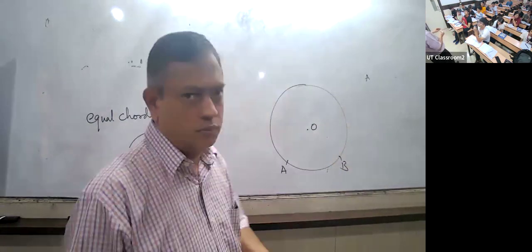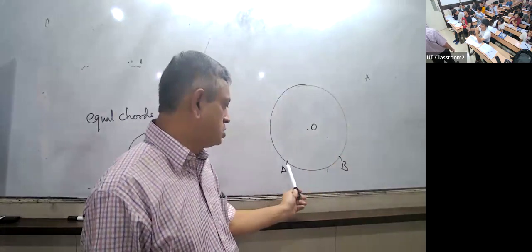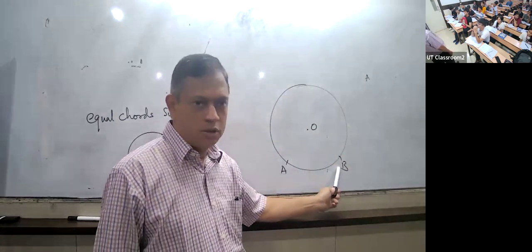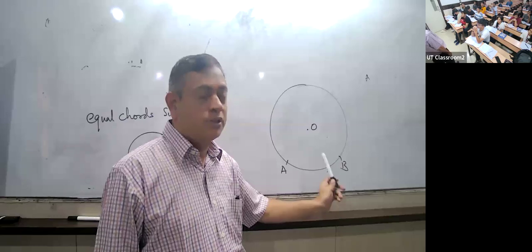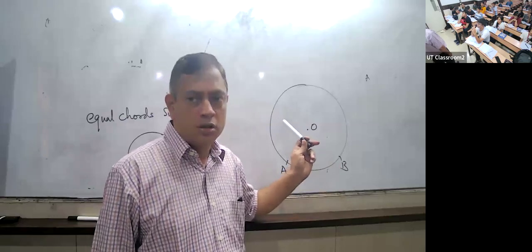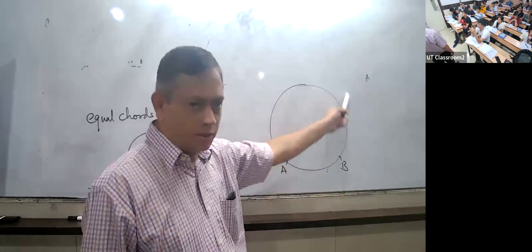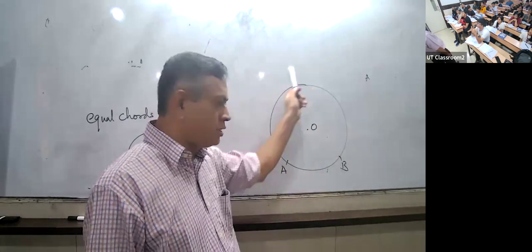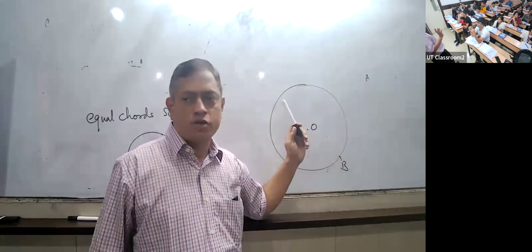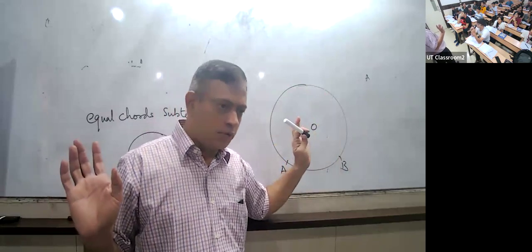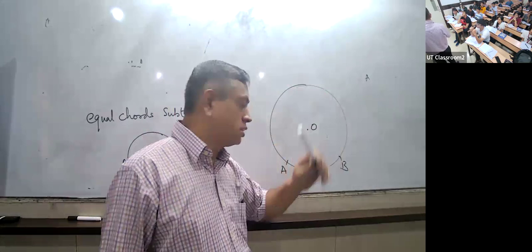Here, if I consider minor arc RKB, then what is the remaining part of the circle? Major RKB. If I consider major RKB, what is the remaining part of the circle? Minor RKB. This much is clear? Center. Now look here.